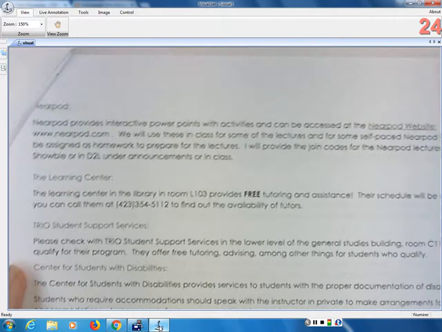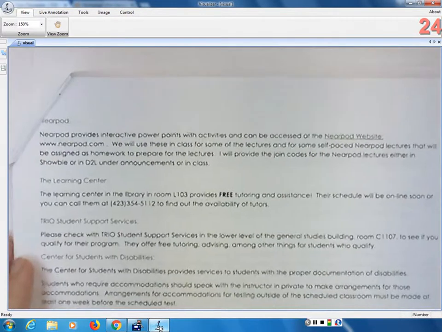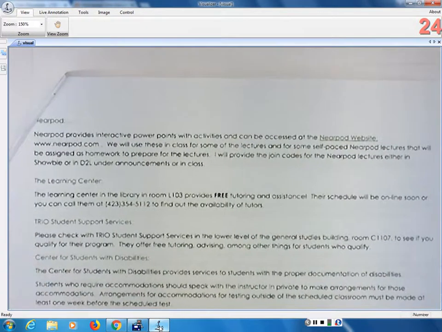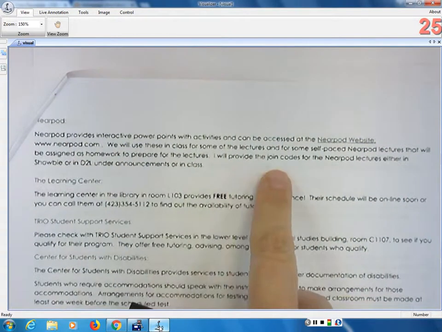Nearpod, depending on how many snow days we have, I may assign some self-paced lessons for you to do at home to prepare for the lectures. I haven't got any of those ready yet. With Nearpod, you go to nearpod.com, and I provide the join codes as you go.